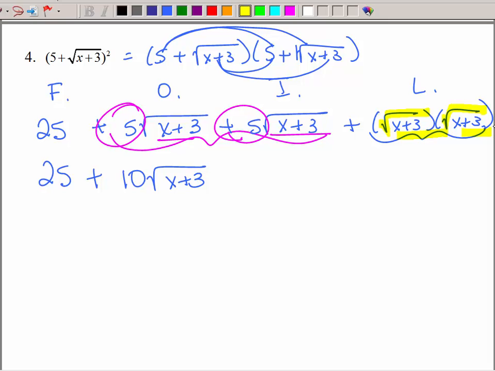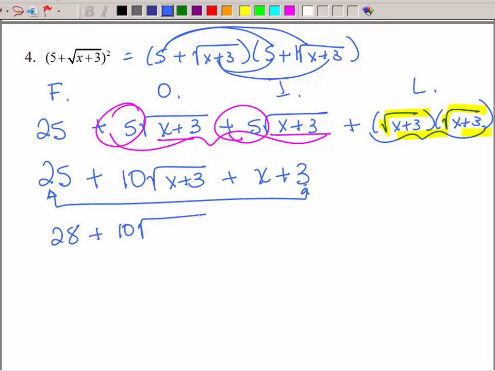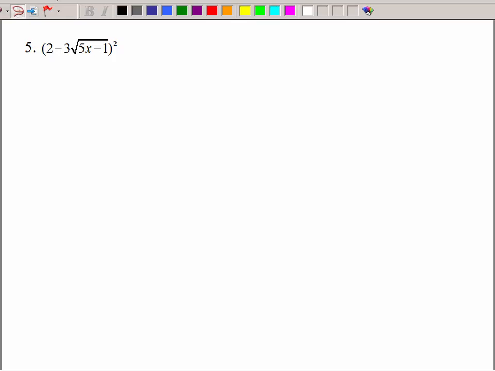The square root of something times the square root of the same thing, the square root goes away, and you just have that x plus 3. Am I done? Not quite, because believe it or not, those are like terms. So I can combine those and make that 28 plus 10 times the square root of x plus 3 plus x.